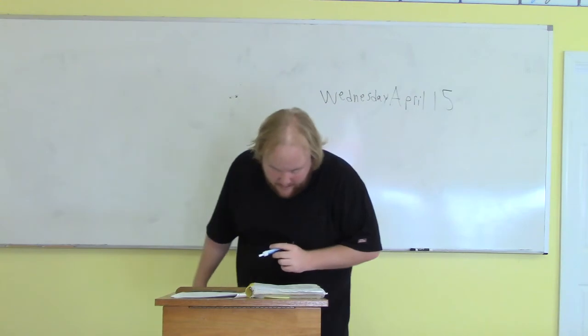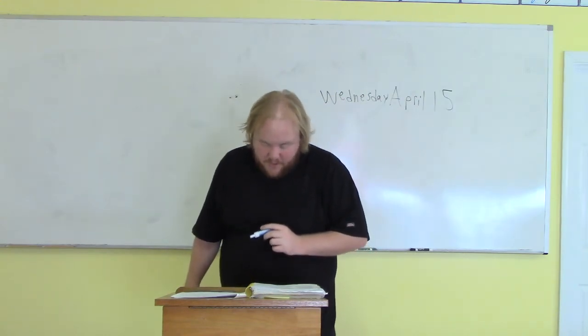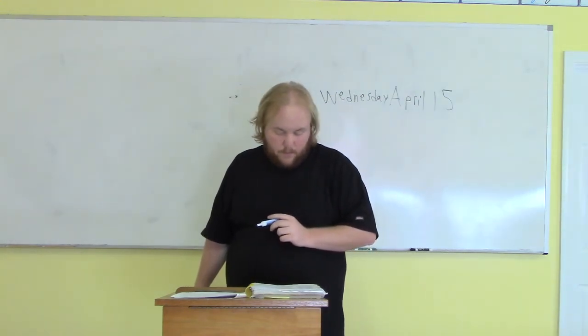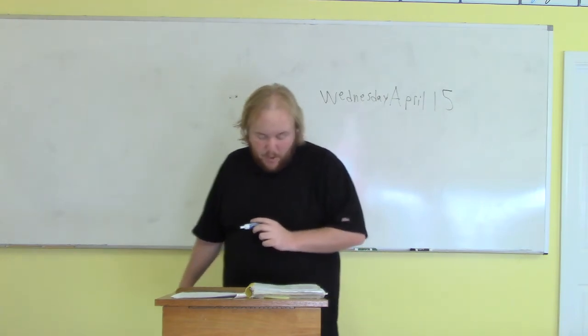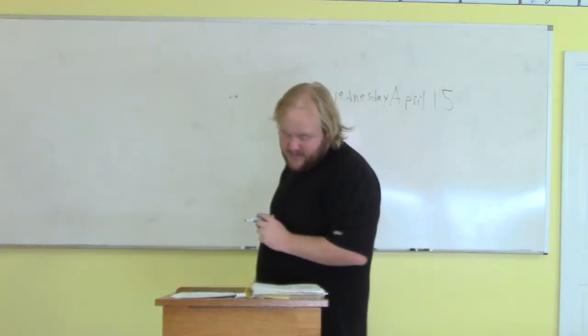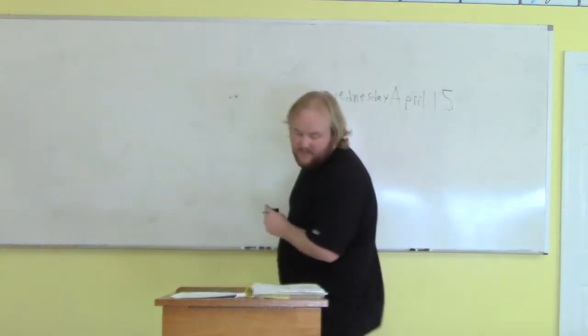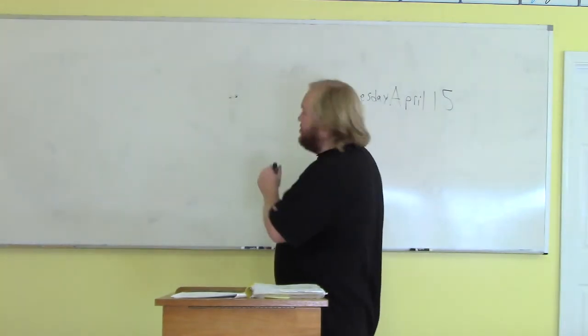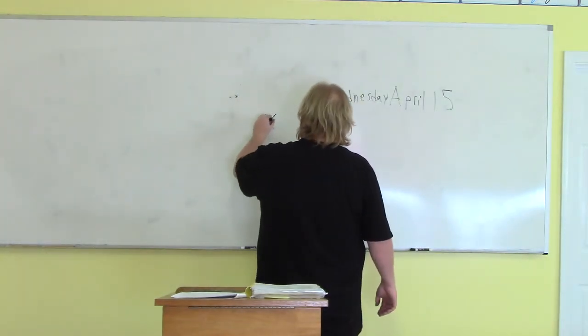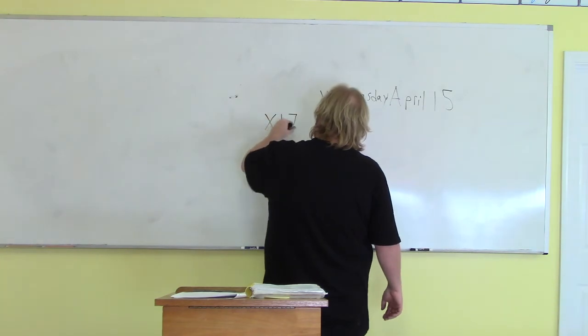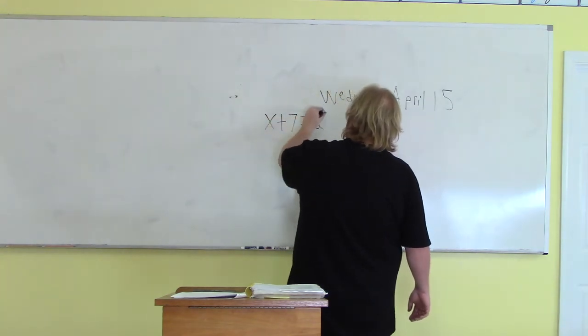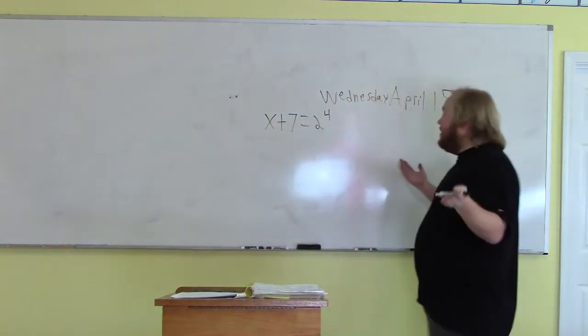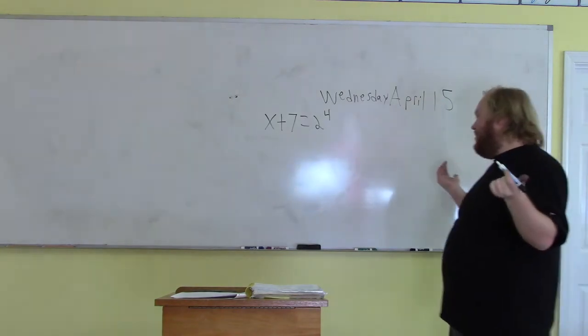So let's see here. Oh, there are some tricky ones on this. Okay, so I'm going to do 3A and B. Alright, so we've got x plus 7 equals 2 to the 4th. Okay, so we're still solving for x, but there's multiple steps, but we still follow PEMDAS.